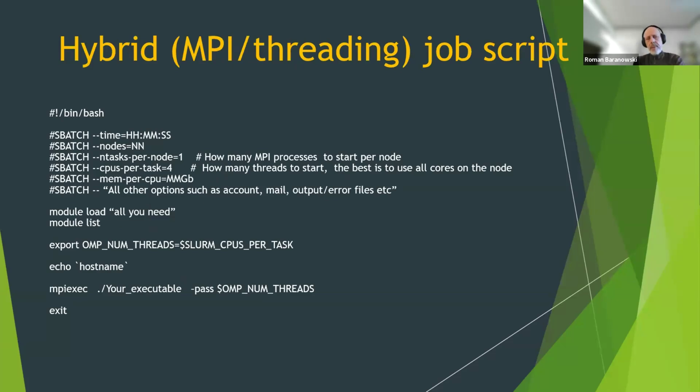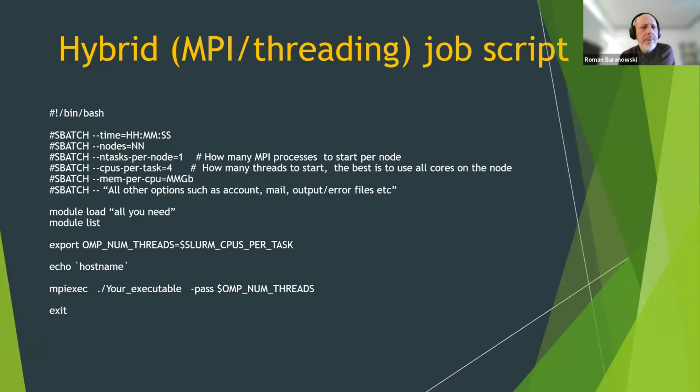Very often for some kind of MD simulation, you would like to use MPI combined with multi-threading. So in this case, I am changing this variable ntasks-per-node.